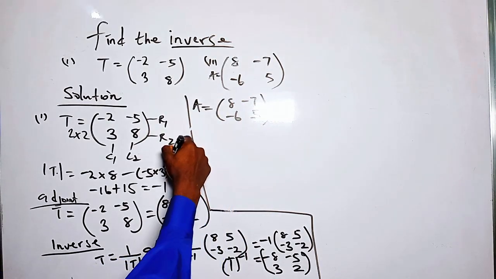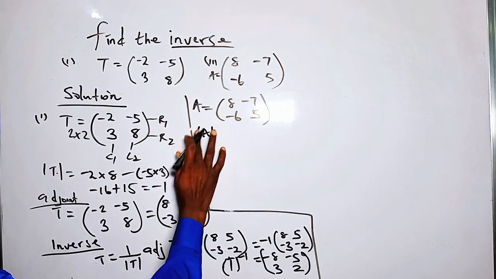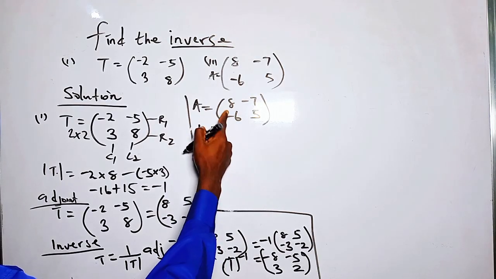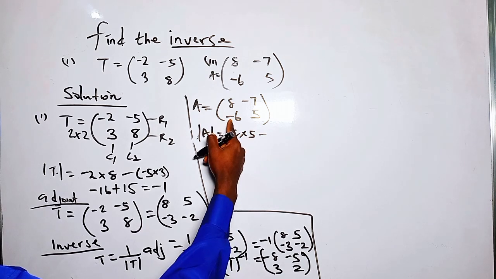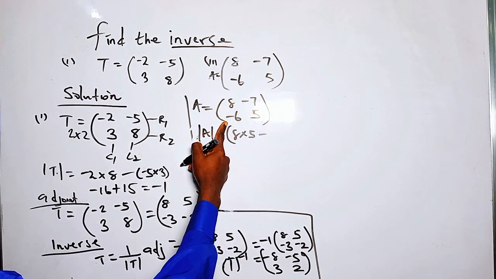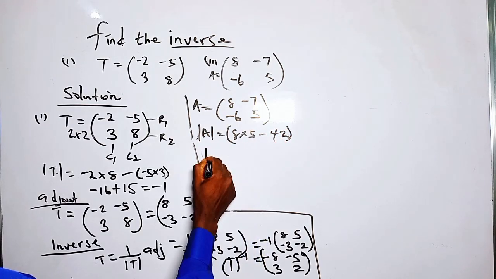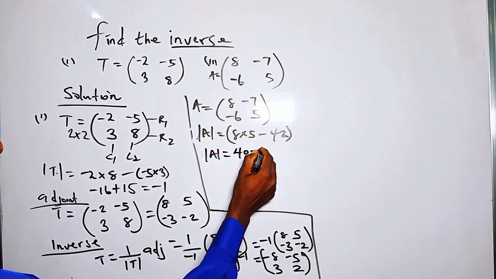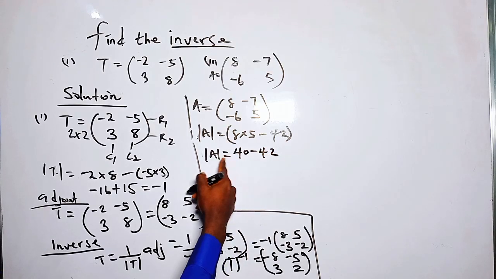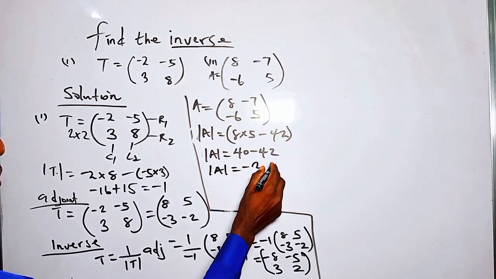To determine the determinant, we multiply the diagonal: 8 times 5 minus, -7 times -6, which is plus 42. So 8 times 5 is 40, minus 42, and the determinant is -2.